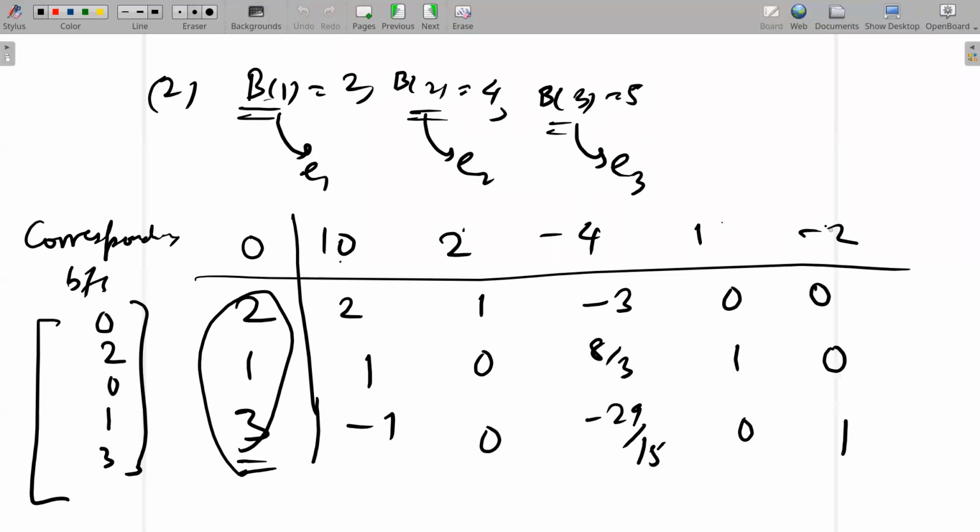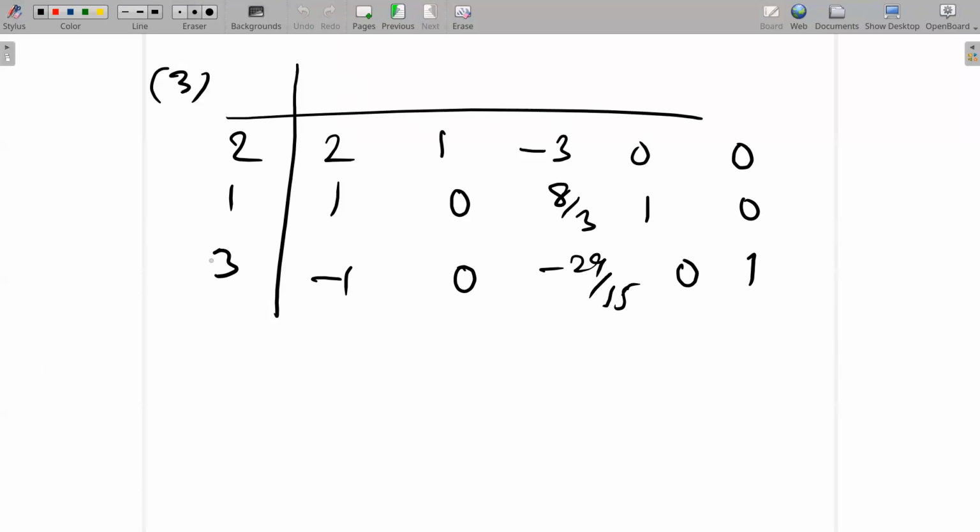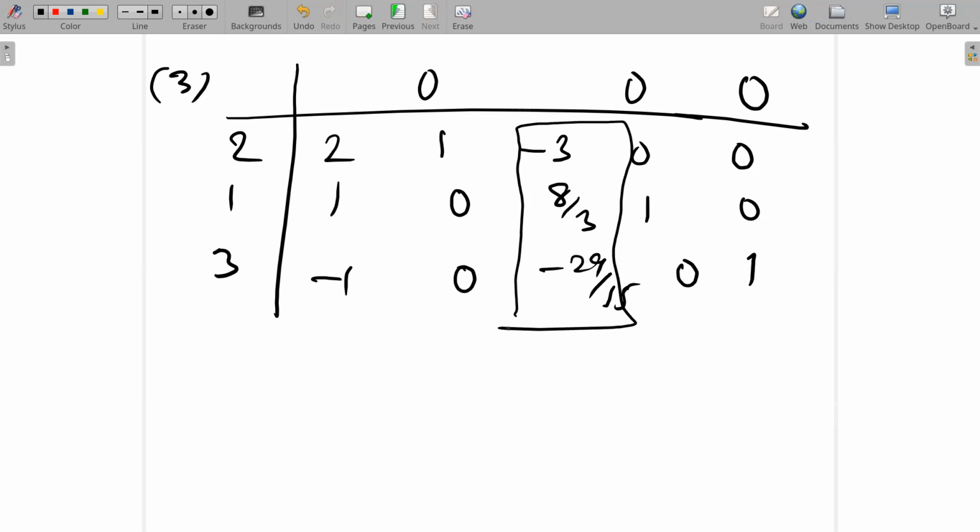So no different from what is below. The thing I want to look at now is the modified costs. For the basic columns, I have to put in zeros, because if I don't change my basis, nothing happens. But if I choose this column, after I do step 3, I'm left with minus 68 over 15.